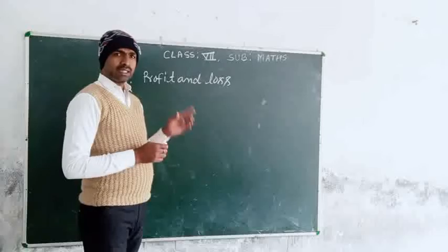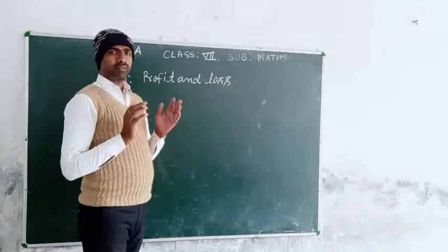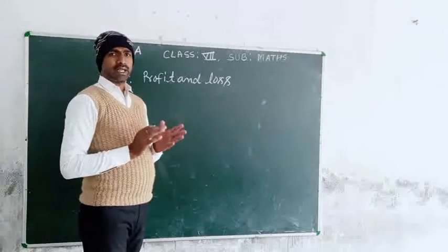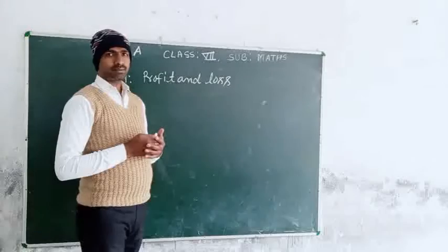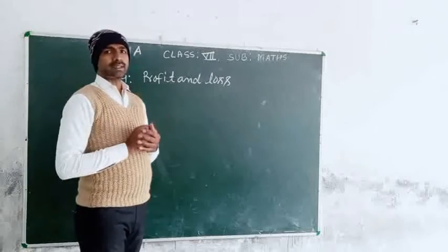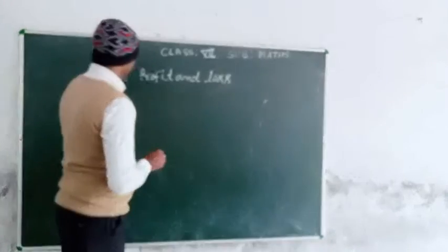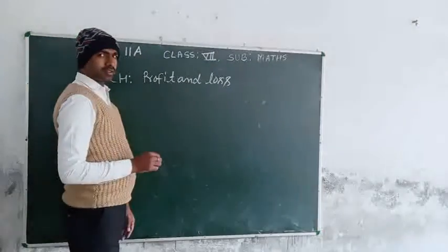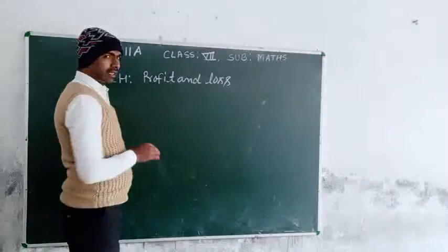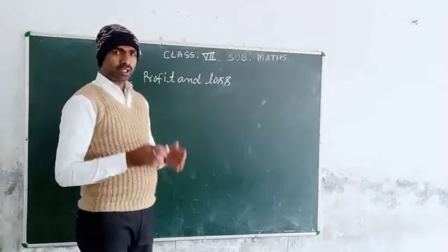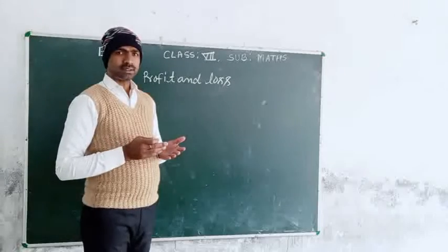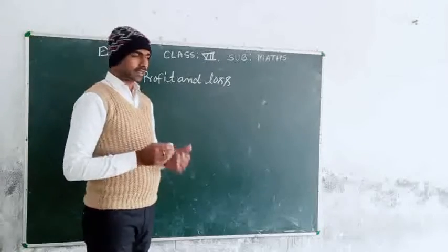So in this chapter, first of all, I have to know some basic, fundamental things. In profit and loss, exercise 11A, you should know what is cost price and what is selling price.